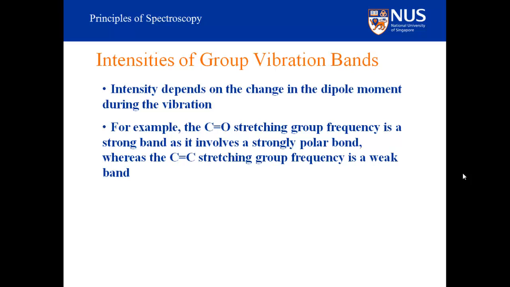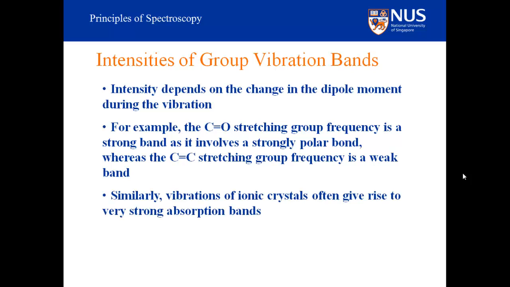Whereas if it was a CC double bond stretching group frequency, the intensity would be rather weak. Well, of course, if the molecule was symmetric, then it wouldn't lead to any change in dipole moment whatsoever, but generally the carbon atoms will be attached to different groups, but the intensity will be much weaker and will show only a weak band. We can also imagine vibrations of ionic crystals, and they in general give rise to very strong absorption bands.